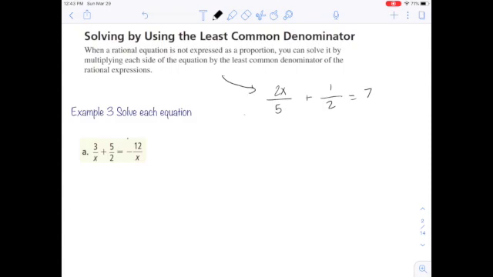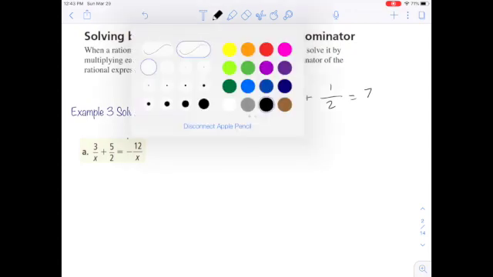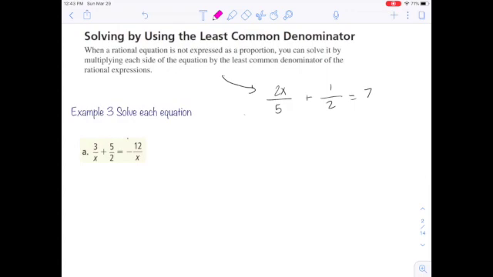So another technique that we use is just multiplying through the entire equation by a least common denominator. If you take a look over here, this is a problem that you can solve right now that you've done before. So the technique that I'm going to show you is take a look at all your denominators, all of them across the entire equation. And what's a least common multiple of 2 and 5 and 1? And you would say 10.